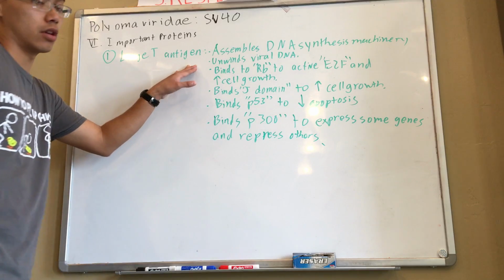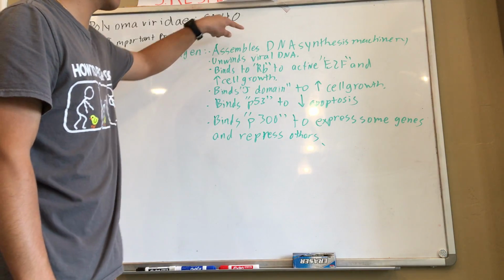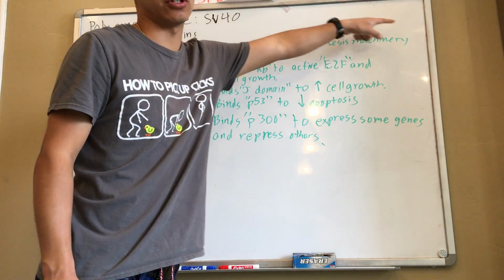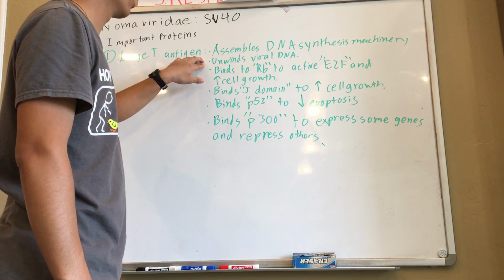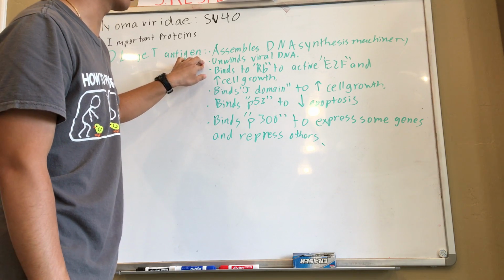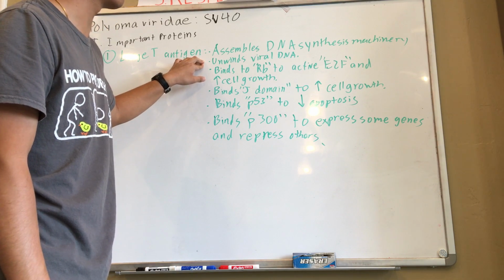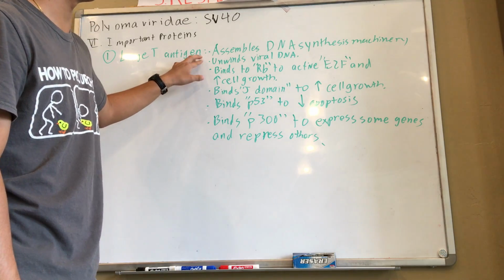So large T antigen does a lot of stuff. You can see here some of DNA synthesis machinery, perfect for viral DNA synthesis. It needs to unwind the viral DNA so that the viral DNA can be copied and can be transcribed and copied later.